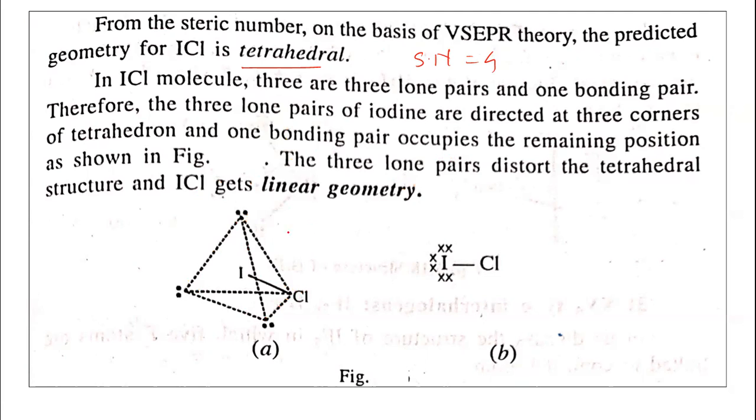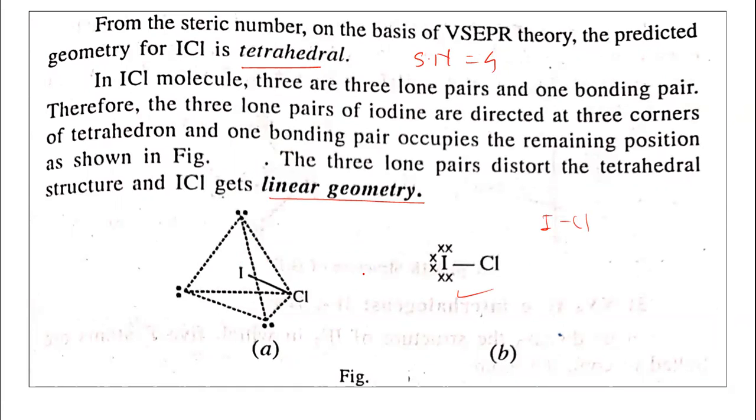The 3 lone pairs distort the tetrahedral structure due to repulsion, and ICl gets linear geometry. Instead of tetrahedral geometry, it has linear geometry. So iodine monochloride has linear geometry.